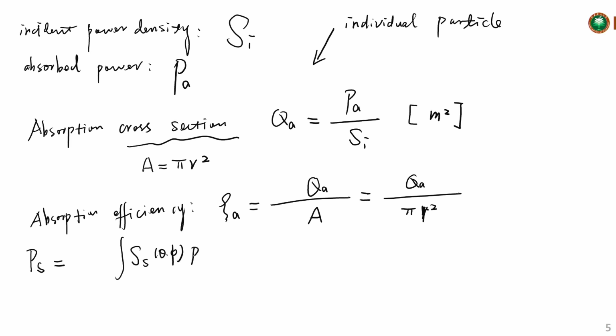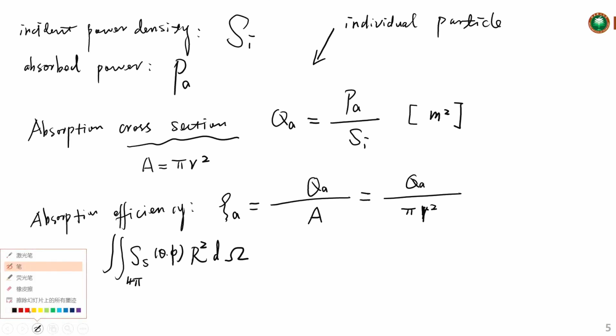So area integrated over the whole solid angle of 4 pi. All right. So now we can get the cross section for scattering.